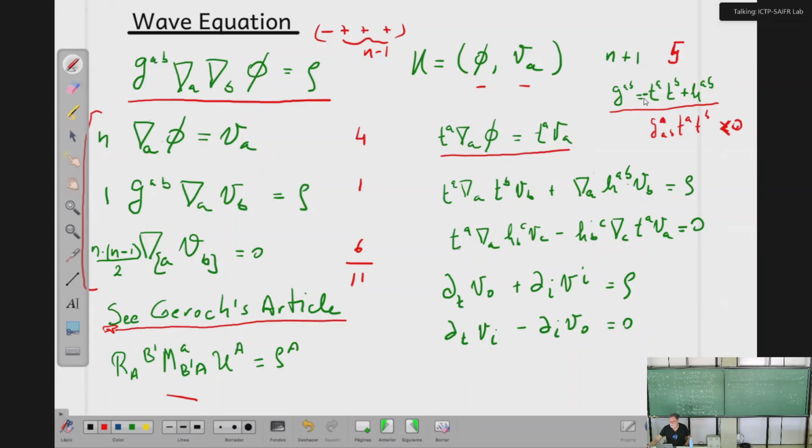So you put a t here and an h here, and what you get is this equation for the time derivative of this, and the space derivative of this thing. So if you write in space and time components, you get the time derivative of B naught plus the divergence of pi is rho, and the time derivative of pi minus the space derivative of B naught is equal to 0. And this is a system.